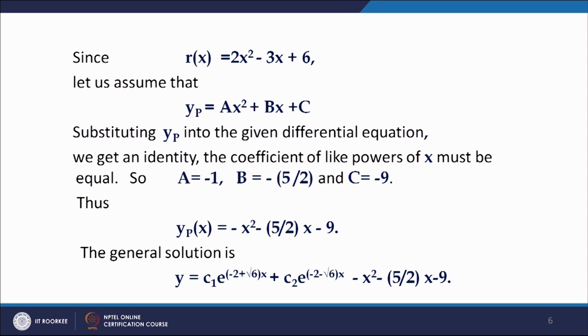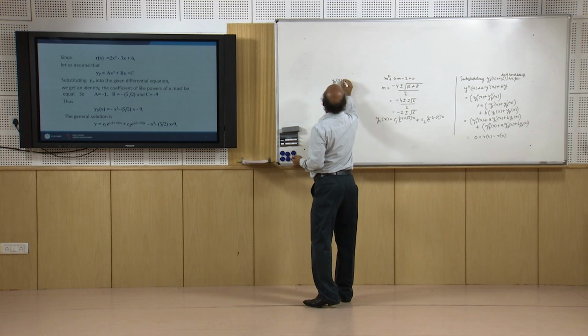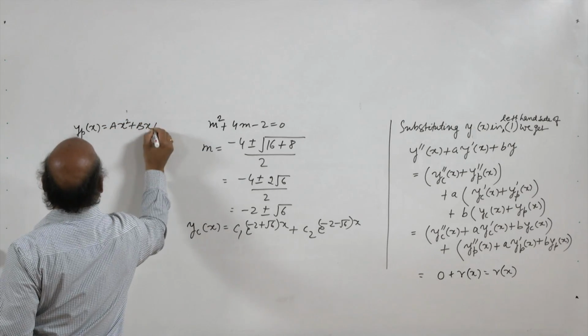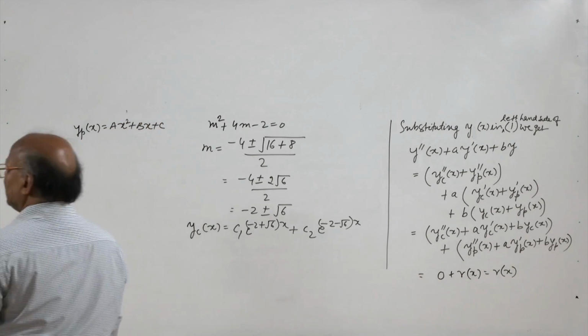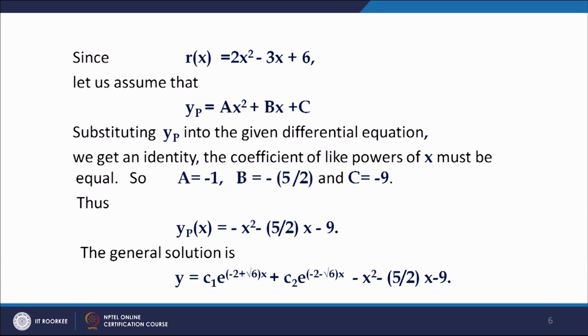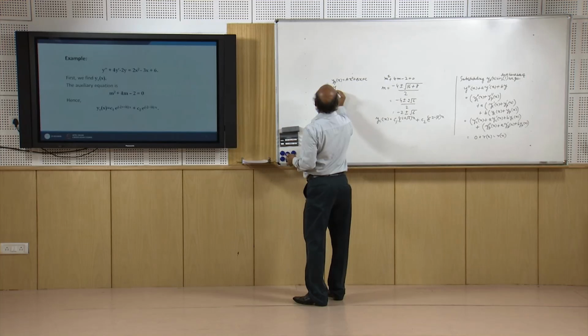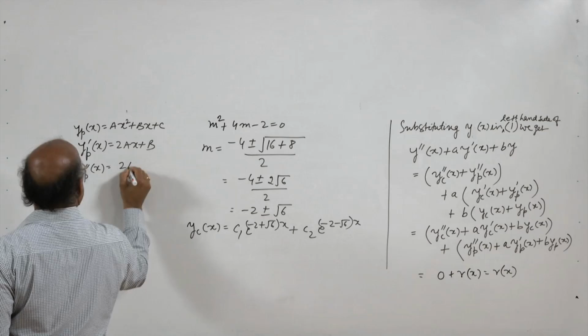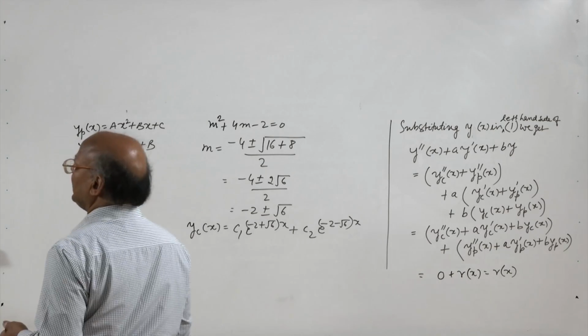So, let us put y_p(x) equal to ax square plus bx plus c. Let us put this value y_p(x) in the given equation. Let us find y_p dash x equal to 2ax plus b, and y_p double dash is equal to 2a.